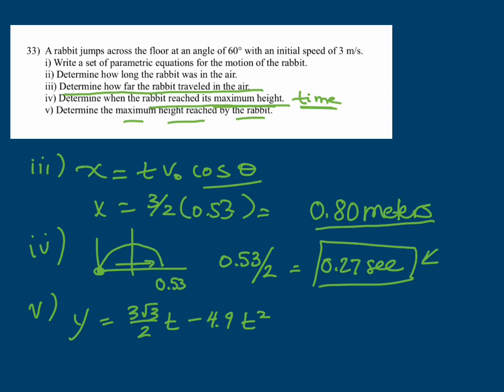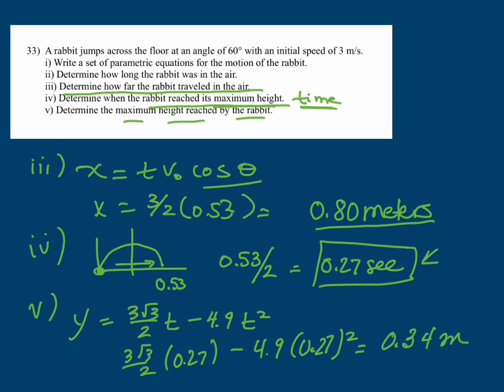So now t is 0.27, so 3 square root of 3 over 2 times 0.27 minus 4.9 times 0.27 squared should come out to be 0.34 meters. So he went as high as 0.34 meters.